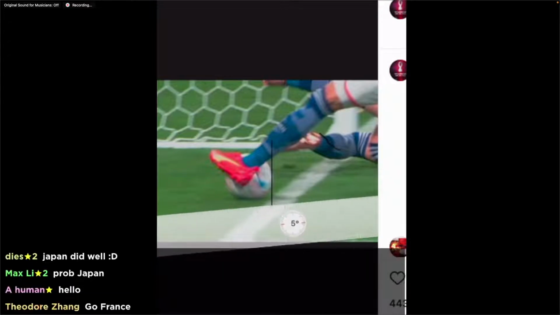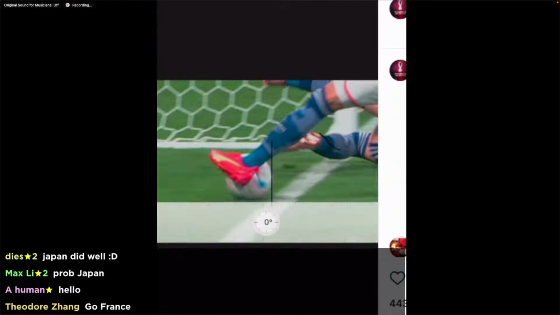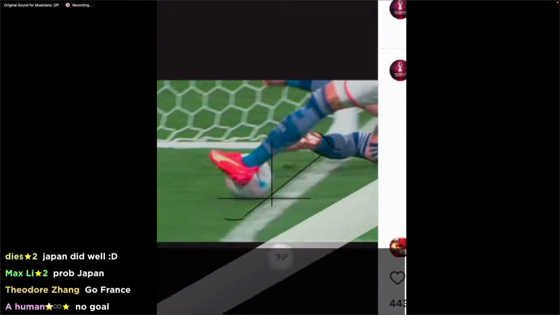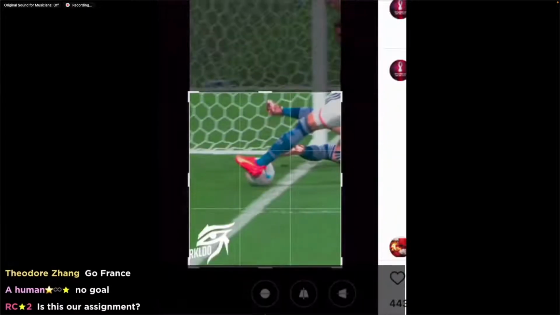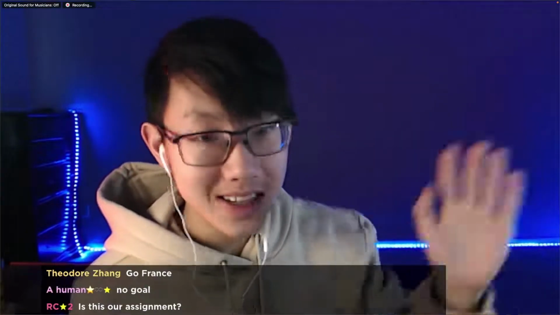Basically you draw a line from that part of the ball, creating a rectangle around it, and then you draw the line. From there you realize, okay, no, the ball was definitely over the line. There was a different angle from the top where you could see it a lot clearer, but using this angle, you can already figure it out. And I think that's pretty cool.